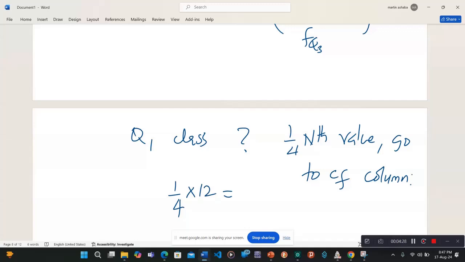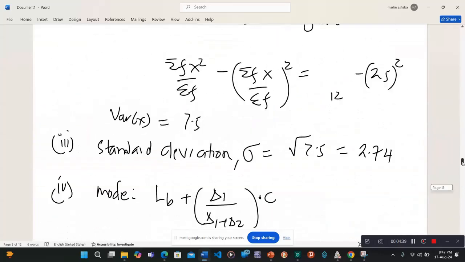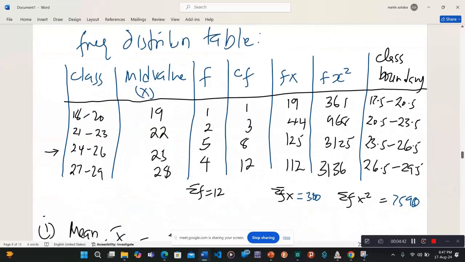This would give you 3. So you come to the frequency distribution table and check in the cumulative frequency. Where is 3? 3 is here. So you just take whatever corresponds to 3. That is 21 to 23. So that would give you 20.5 to 23.5 as the class boundary.